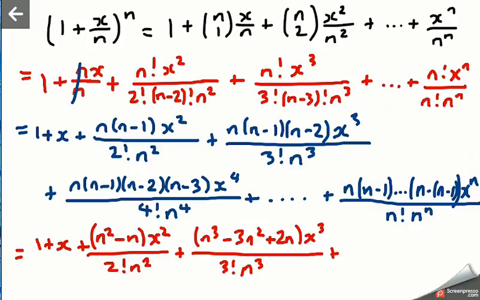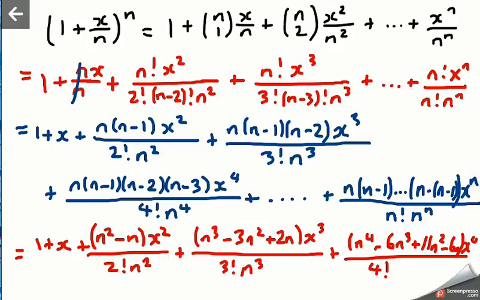Well, I'll do one more, n to the power of 4, so that's this one expanded out now. So plus n to the power of 4 minus 6n cubed, I'm running out of room here, plus 11n squared minus 6n, x to the 4 divided by 4 factorial n to the 4, and so on.